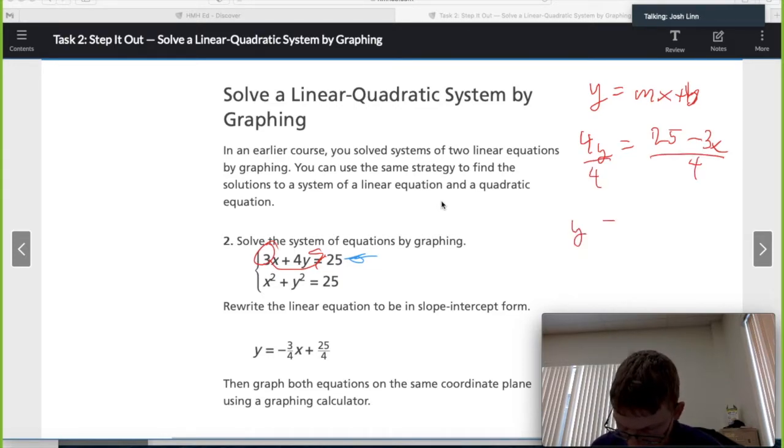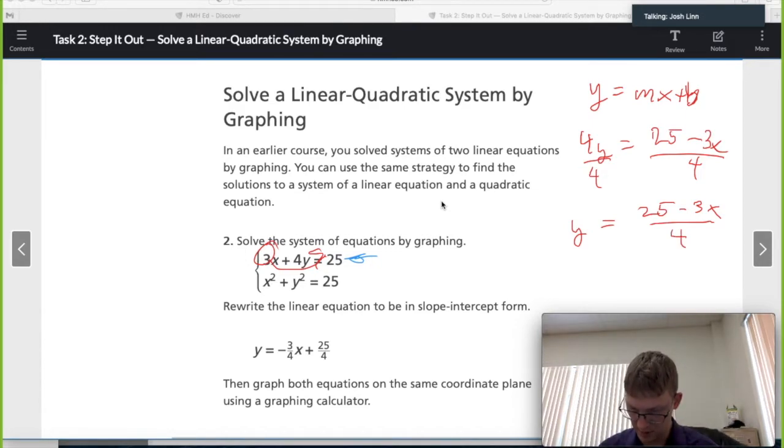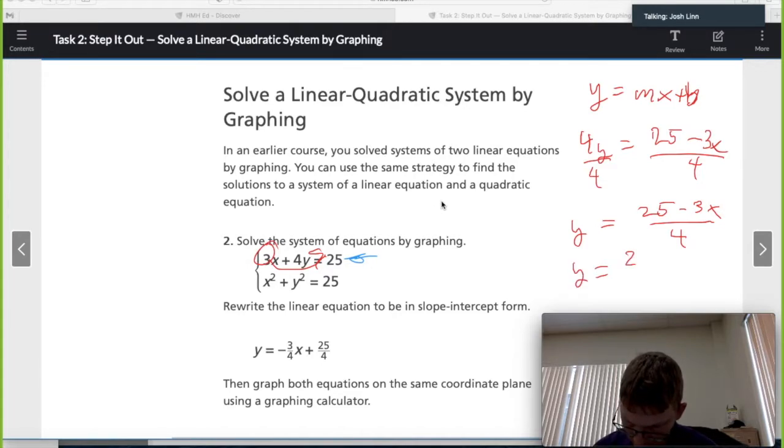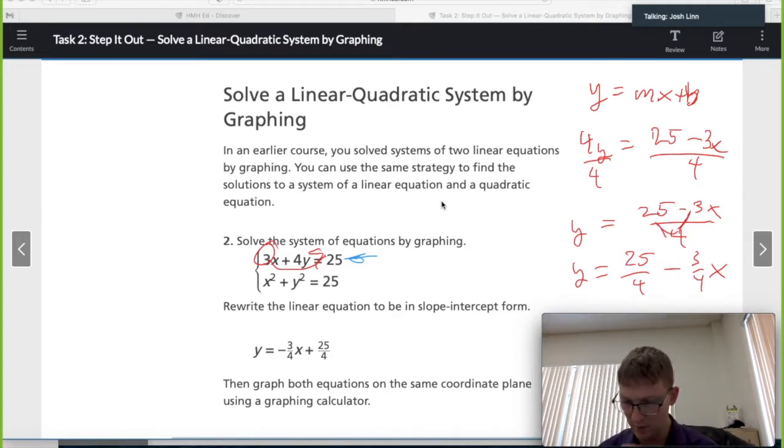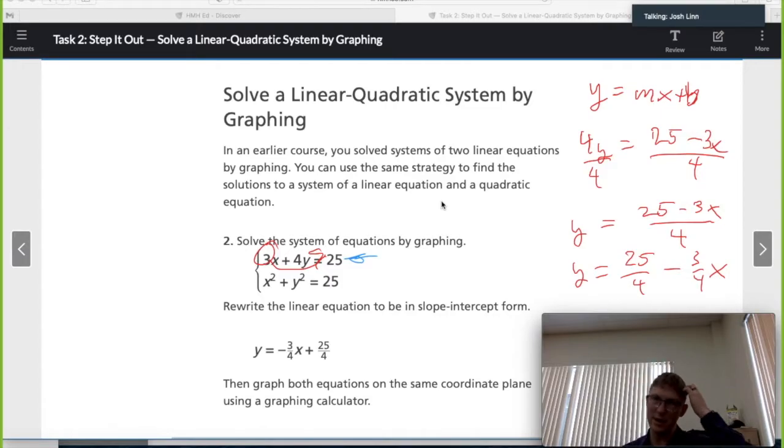So we're going to have y equals 25 minus 3x over 4, which you can then turn into y equals 25 divided by 4 minus 3 over 4 x. I just divided it out, that's all. So now we've got it in y equals mx plus b.